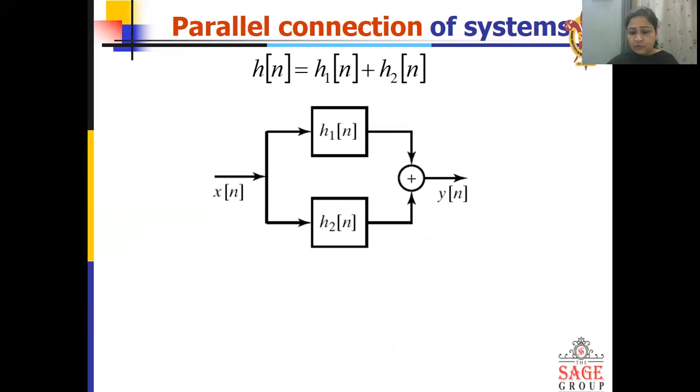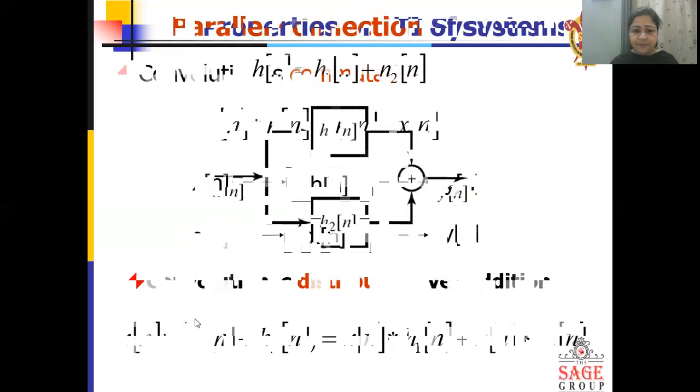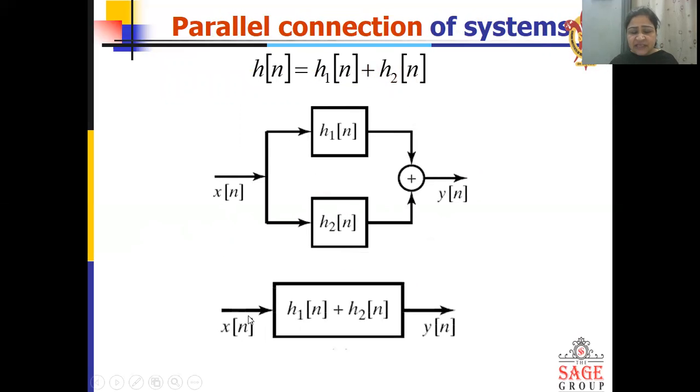Then according to the distributive principle, it should be the same as the same input convolved with another system having unit impulse response h1n plus h2n. That means this equation is written as xn given to the system with unit impulse response h1n plus h2n, and output yn is generated.